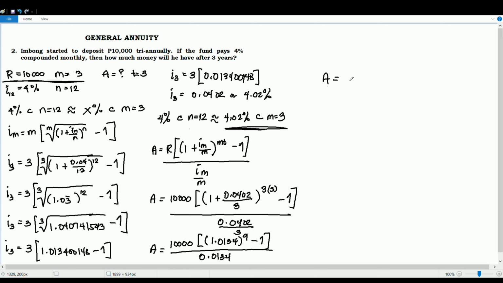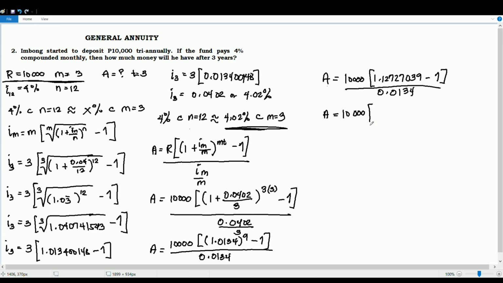Annuity is now equal to, we have to get the 9th power of the number inside the quantity. So we have 10,000 times, the 9th power is the same as 1.12727039 minus 1 over 0.0134. And then we have to subtract the numbers inside the bracket.